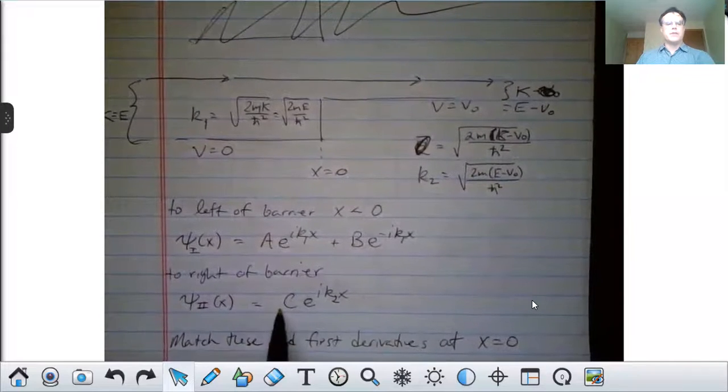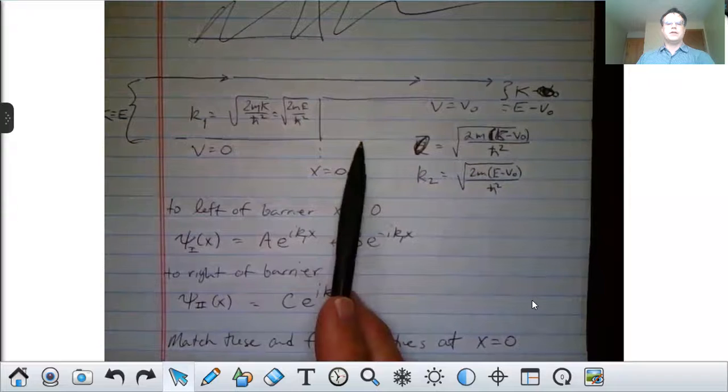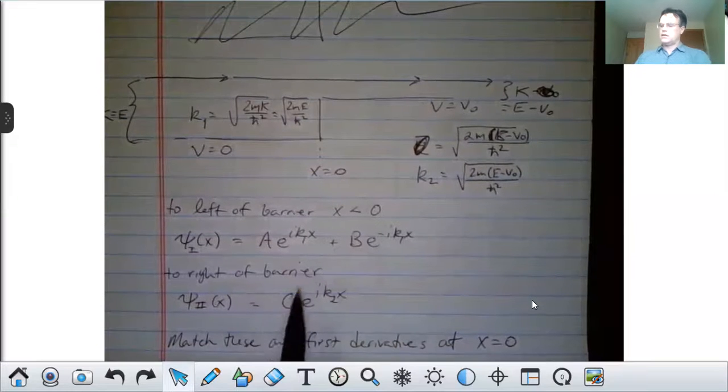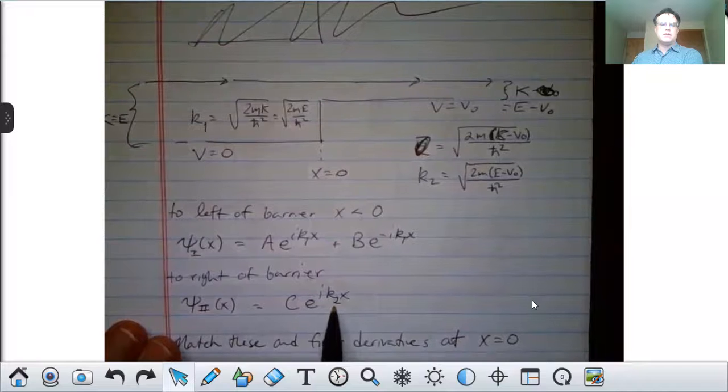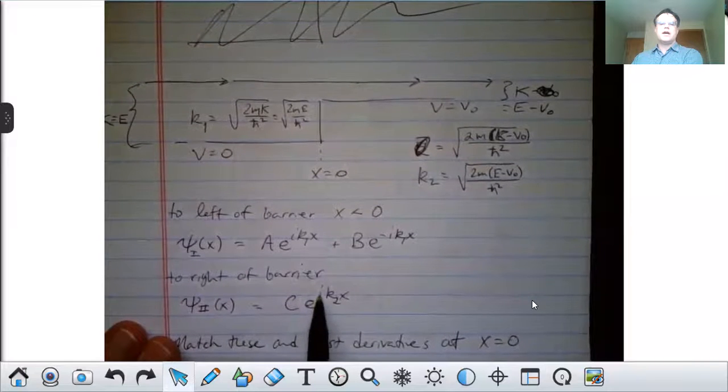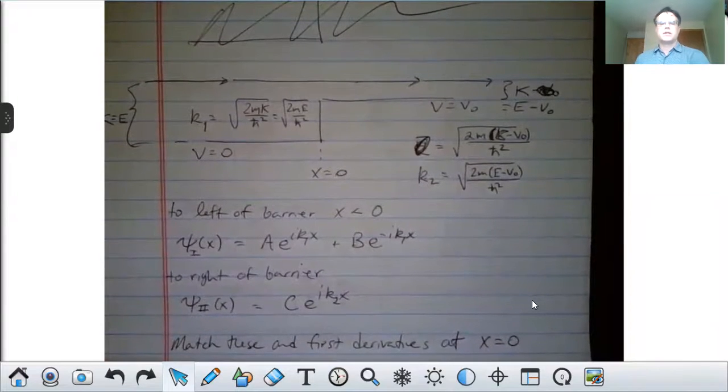Now to the right of the barrier in region 2, I've got another wave, but its wave number has changed to k2. So now it's C e to the i k2 x. Those are the solutions to my Schrodinger equation in those two regions.